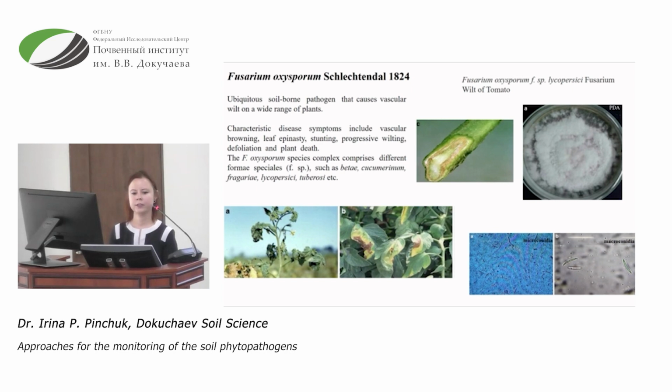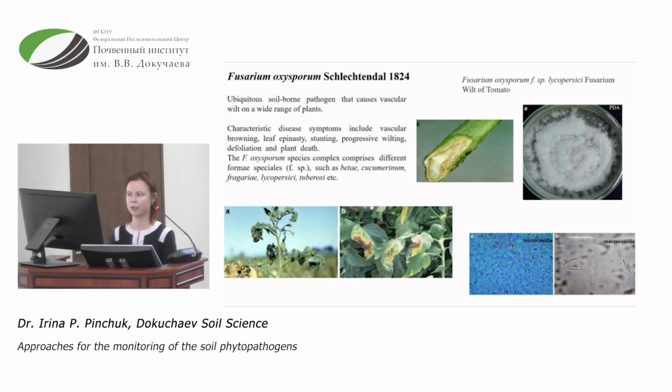I prepared a pack of the most important pathogens which we can find on our fields, but of course it's not all. It's a huge amount. I will start with Fusarium oxysporum, which is one of the most important.